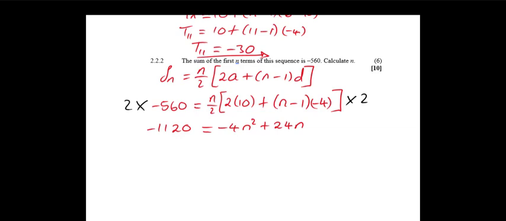Then let me transpose everything to the left hand side. I will have 4n squared, positive, minus 24n minus 1120 equals 0. From this case I'm required to factorize. If you don't know the factors, you can use the quadratic formula.